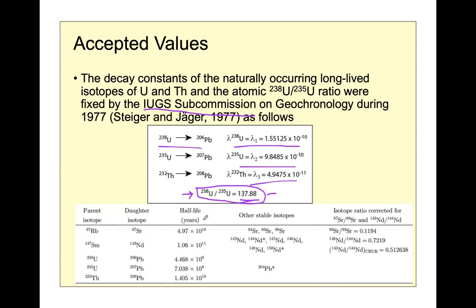You can compare the half-life here, and check the respective half-lives. So this is the uranium system 238, 232, and 235, right? These are the three systems you have, and you have the half-lives.